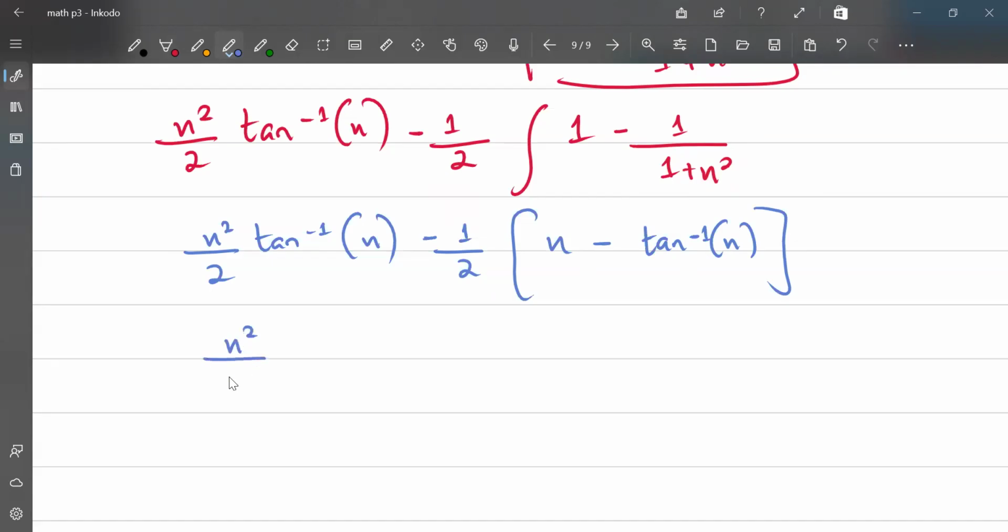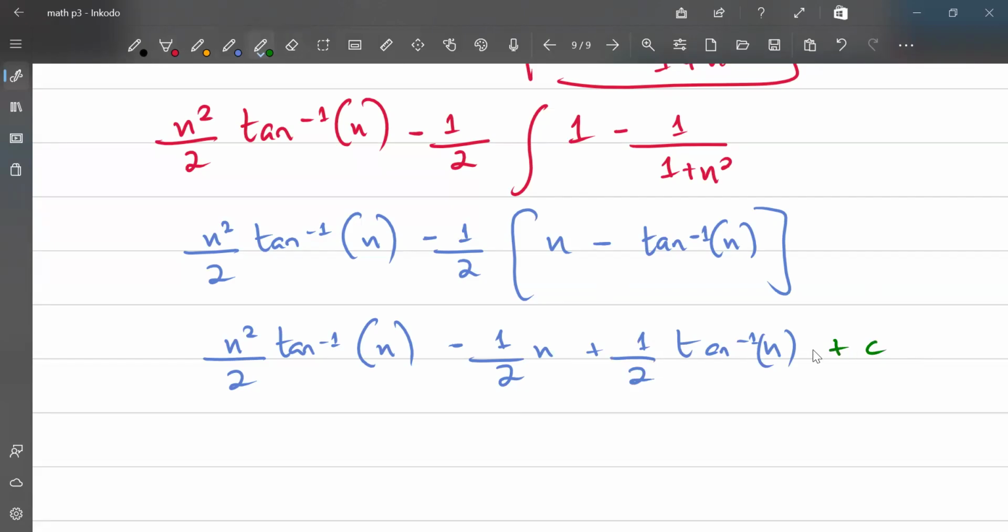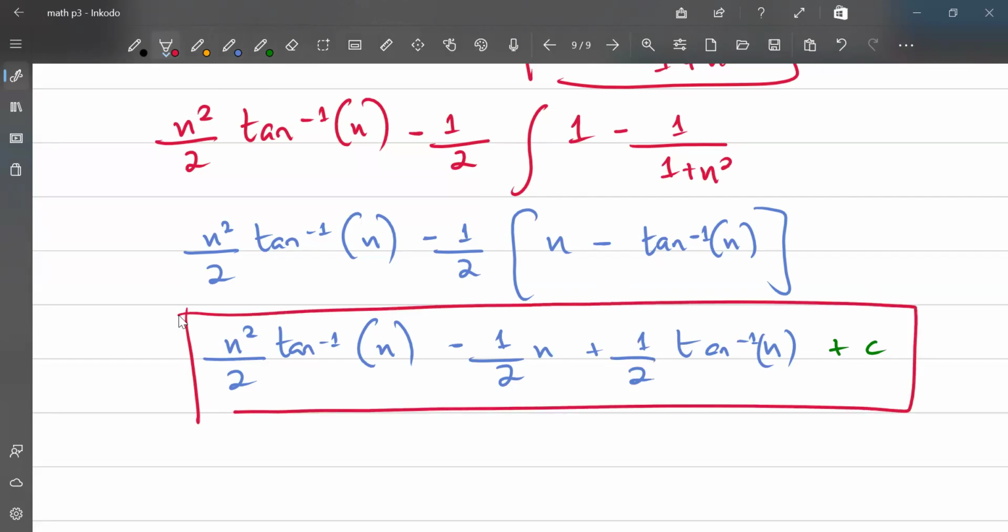So this will be minus minus plus, and plus 1 upon 2 tan inverse of x is going to be our answer. And don't forget to attach plus c here. This is how we integrate it.